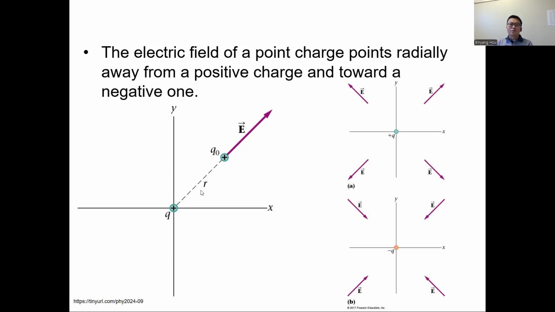So a positive charge will produce an electric field pointing away from it, radially away from it. Now, if you have a negative charge, then the electric field is pointing towards the negative charge. So the electric field produced by a negative charge is pointing towards it, and by a positive charge pointing away from it.